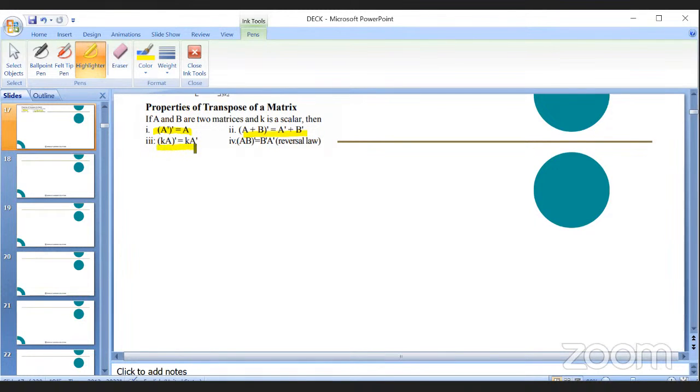KA whole dash is K into A dash. AB whole dash is B dash A dash. Remember this. Last one, AB whole dash will be B dash into A dash.